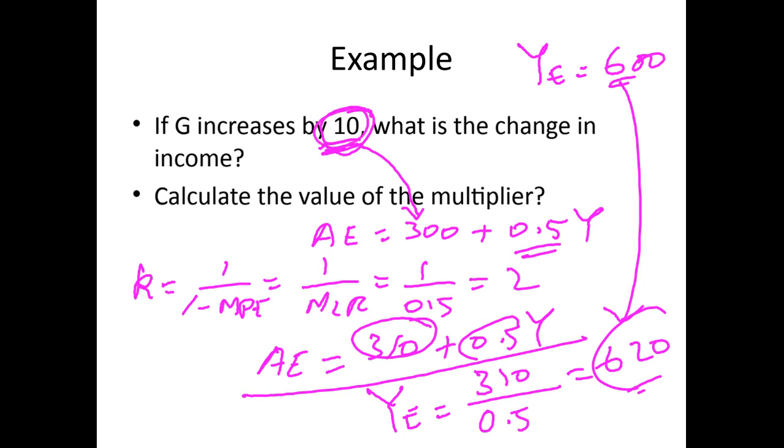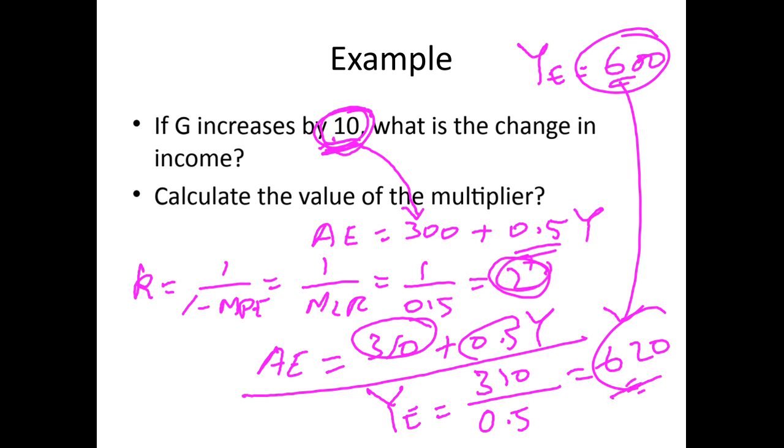That is the concept of the multiplier. When I calculated the multiplier equal to 2, it means whatever increase in G will be multiplied by 2, so the impact will be double. So when government increases its expenditure by 10 million, income, this 600, will increase not by 10, but this 10 is multiplied to 20. So that's why we have a 20 million increase in real income.